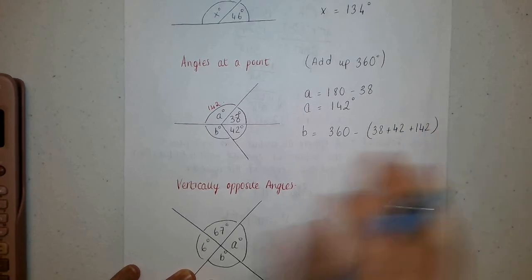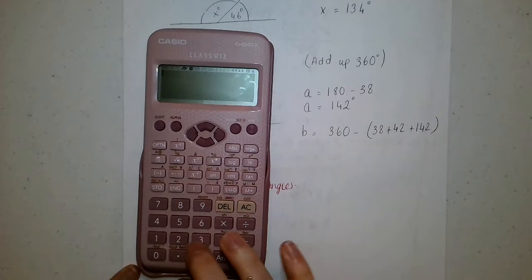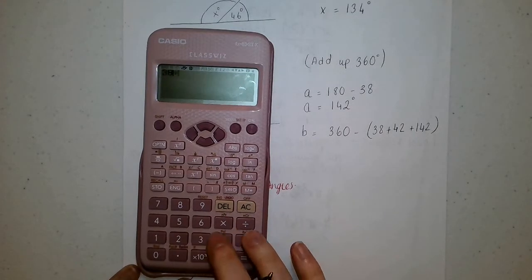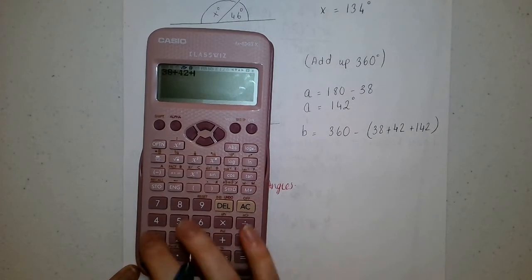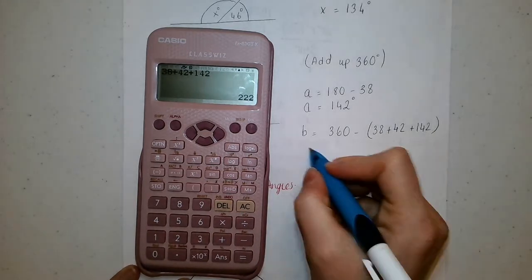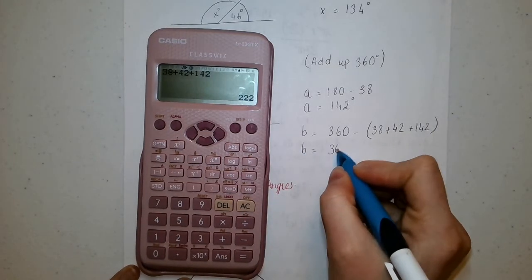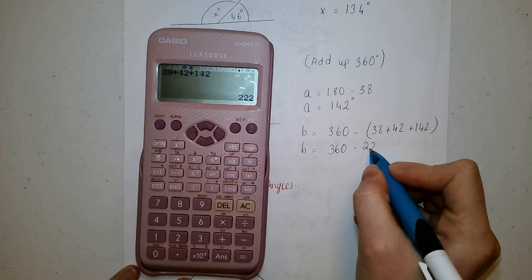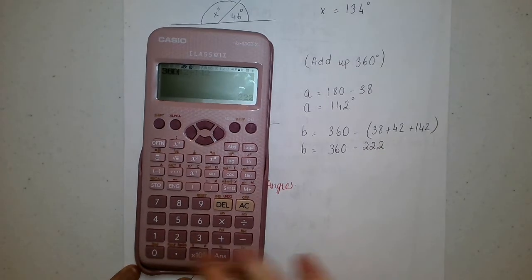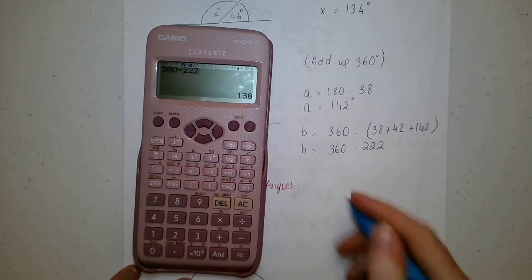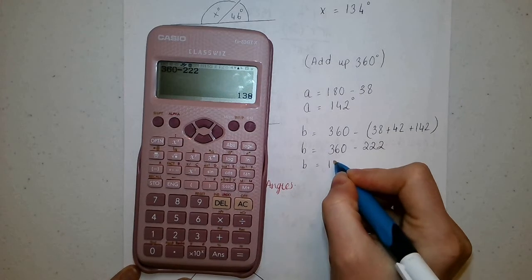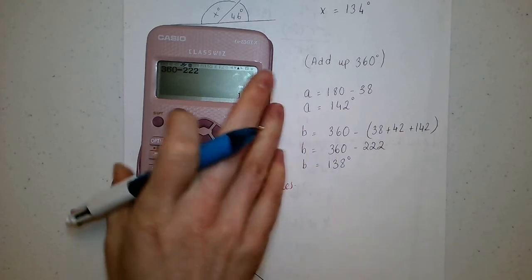So if we add all those up and then take our answer away from 360, we should get the angle B. So B is equal to 360 minus 222, which gives us that the angle B is 138 degrees.